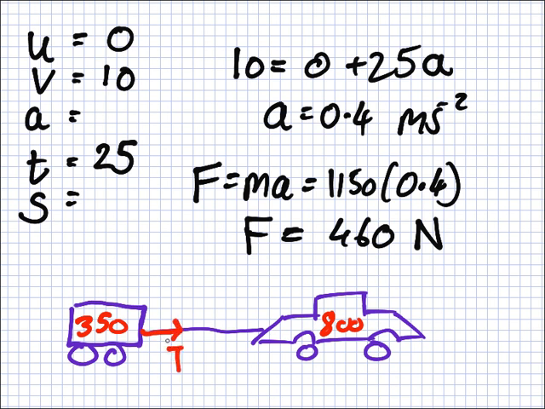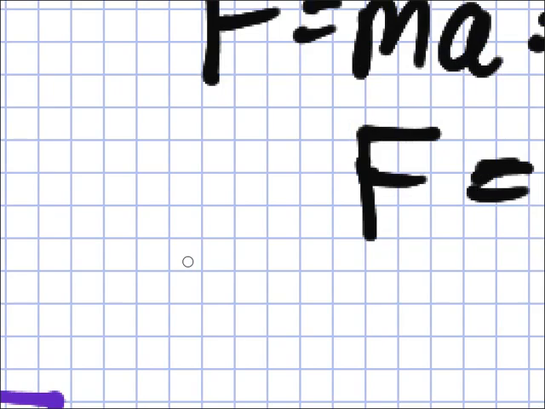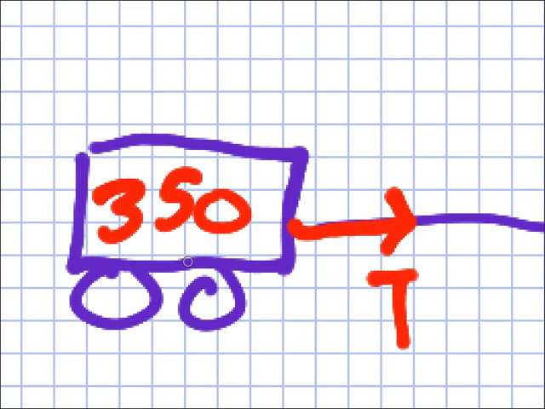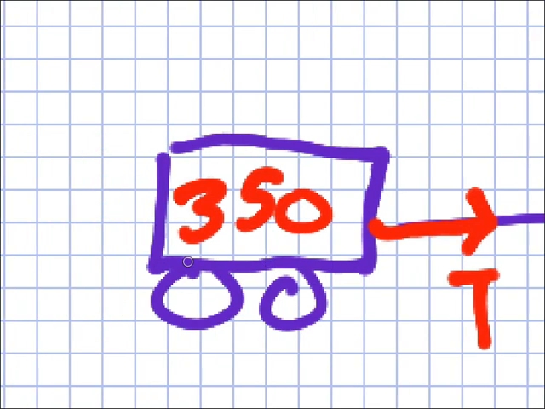In your mind, don't think that the engine is pulling the trailer. Think the tow bar is pulling the trailer. It's almost like you zoom in. You're the trailer and you just have this tow bar pulling you. You don't know anything about the car because you're a trailer.